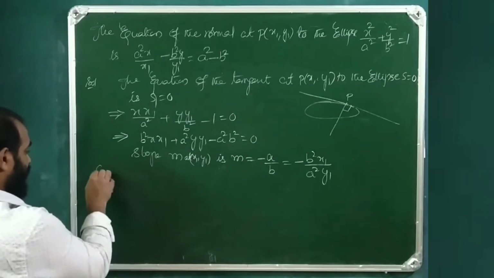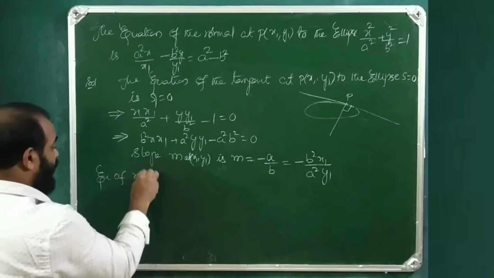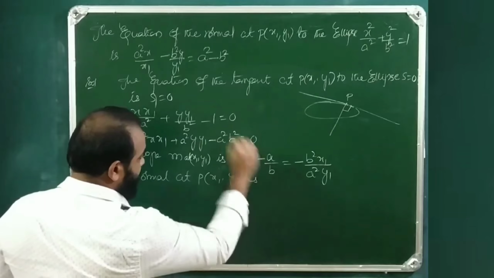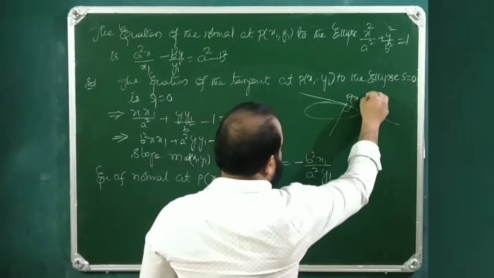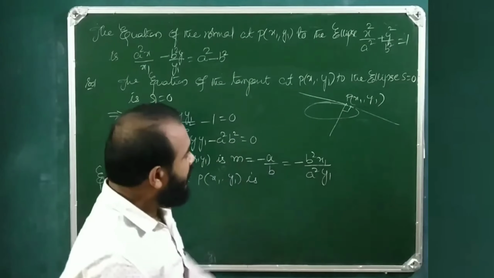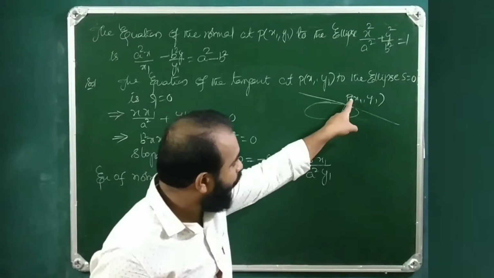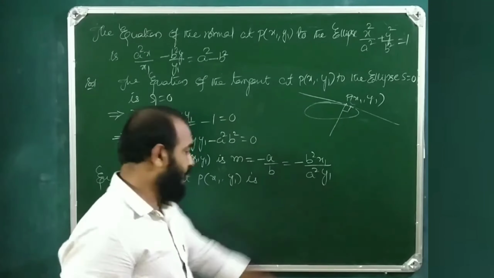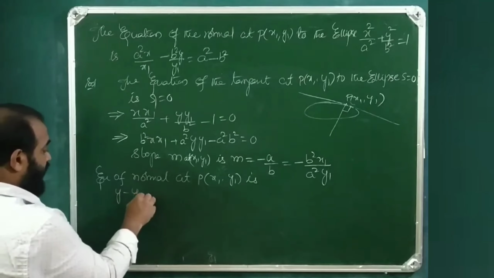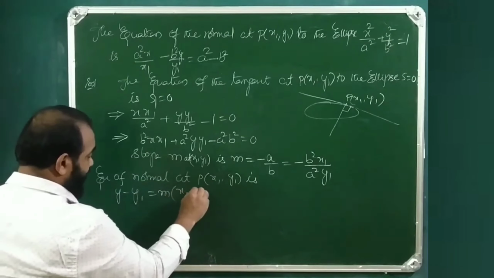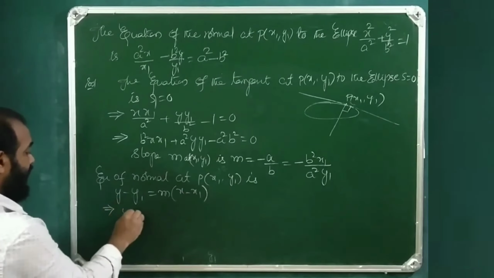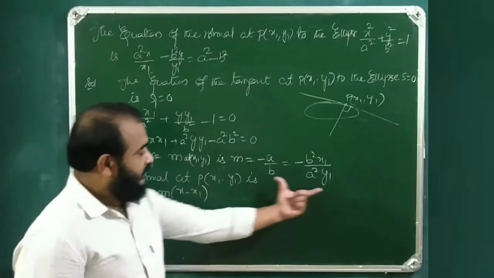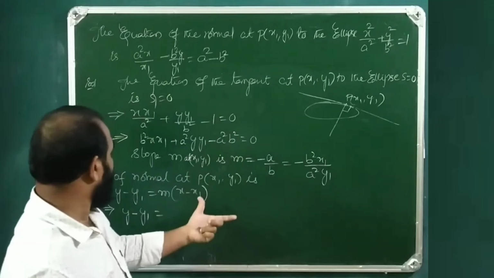So now the equation of the normal at P(x1, y1): we have a point and the slope of this normal is this. So by the slope-point form, y minus y1 equals m into x minus x1. So y minus y1, m is this. This is the slope.